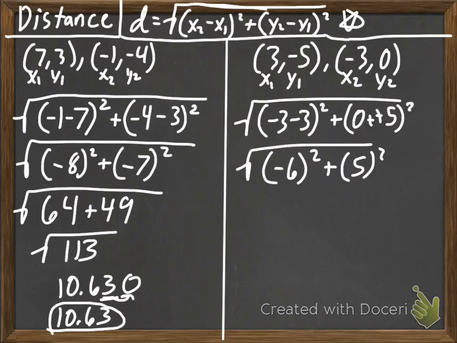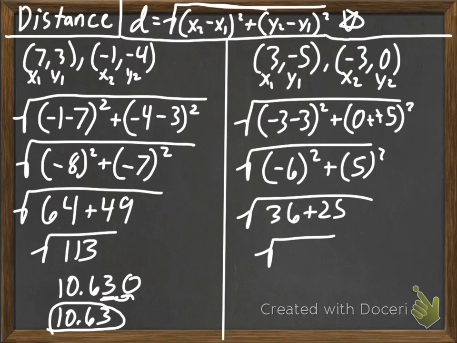And again, keep it in parentheses. It's a good habit to have. So negative 6 squared is 36 plus 25. 36 plus 25 gives us 61. And we're going to put that in the calculator. And we get 7.810, round to the hundredths. 0 again means we keep it at 7.81.